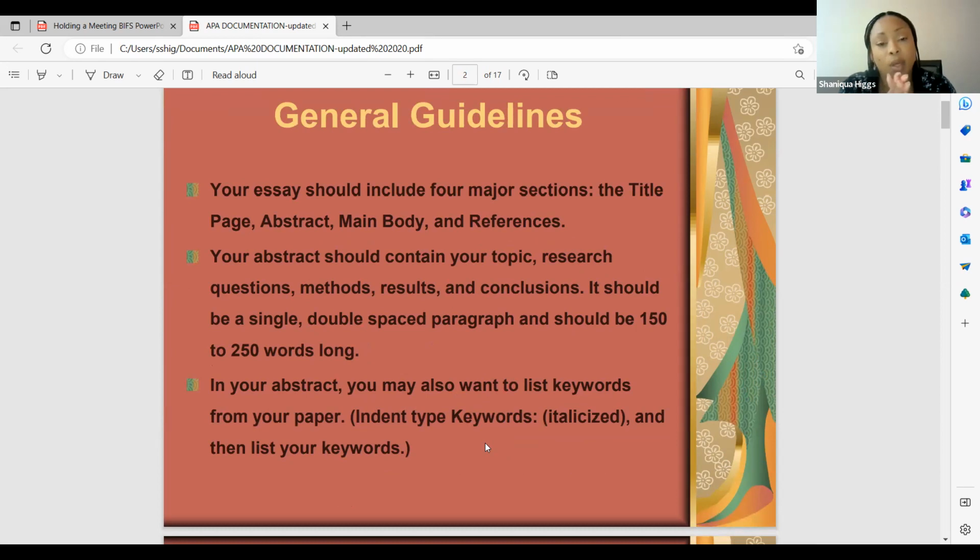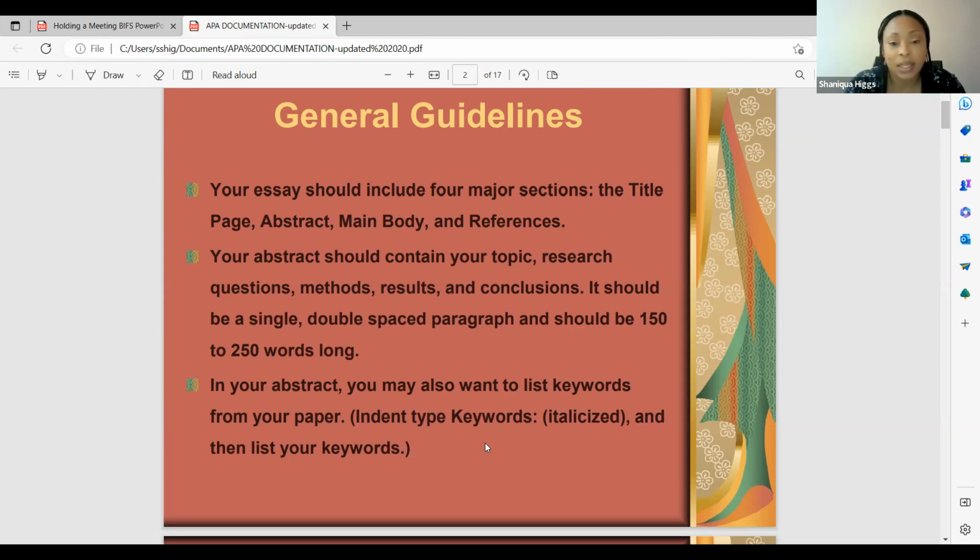It is the form of documentation used in business. It is a way of attributing or giving credit to the person whose book, whose report, whose research you're using to inform your own report, research, publication, whatever it is. It is a way of giving credit to the person whose work you're using.